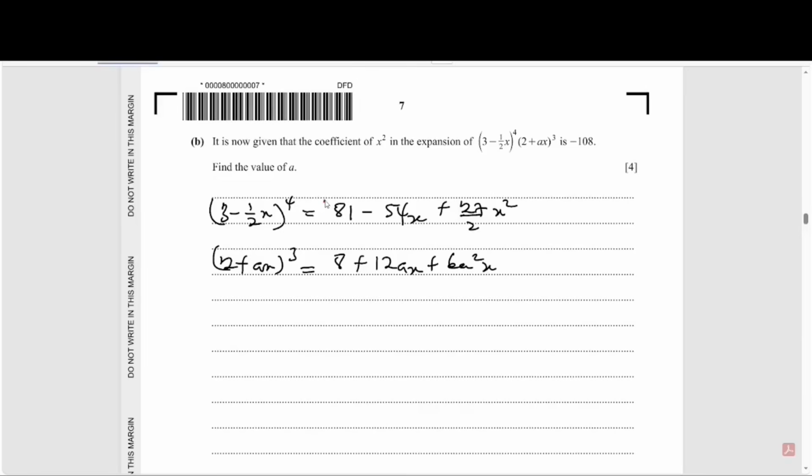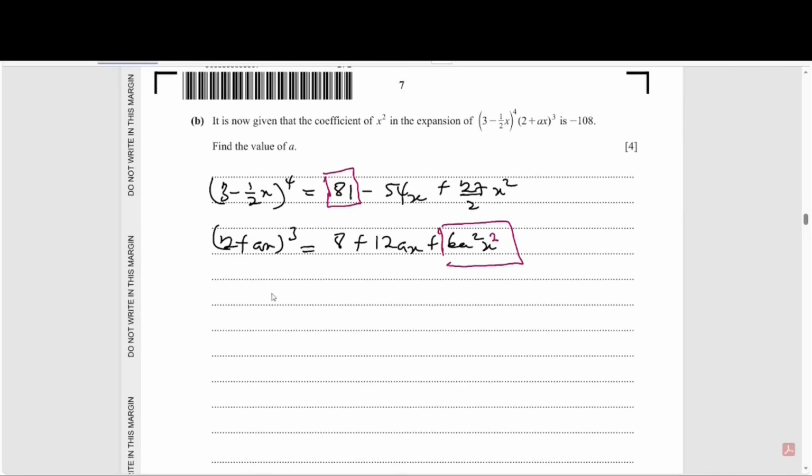We know the positive 81, the first term, when multiplied by the last term over here, this is x squared as well, will produce one x squared term. So we know 81 times 6a squared.